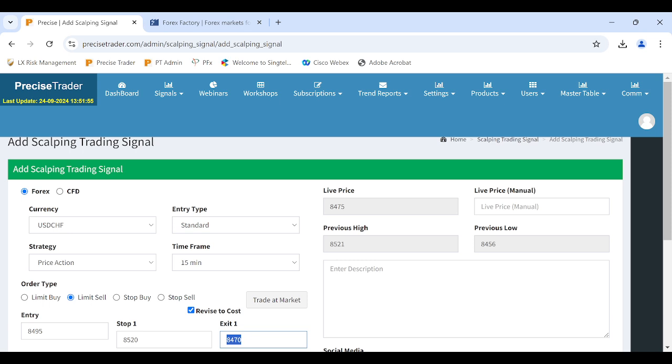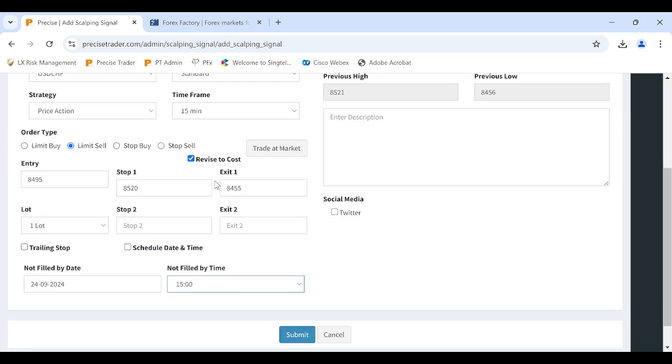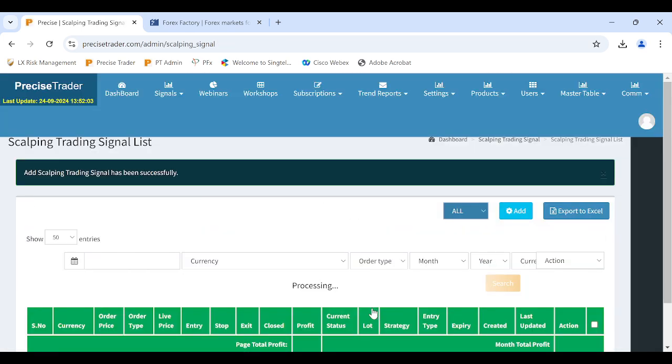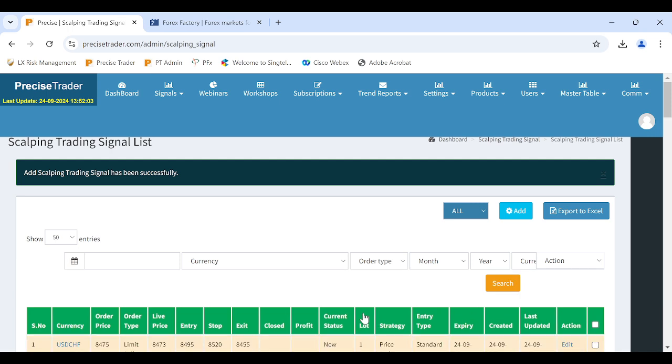Remember, then 84.55. Then the expiry is until 6 o'clock, because we just put it in slightly 1 hour after the time belt. So at least we can adjust these levels in the event we are going for it.